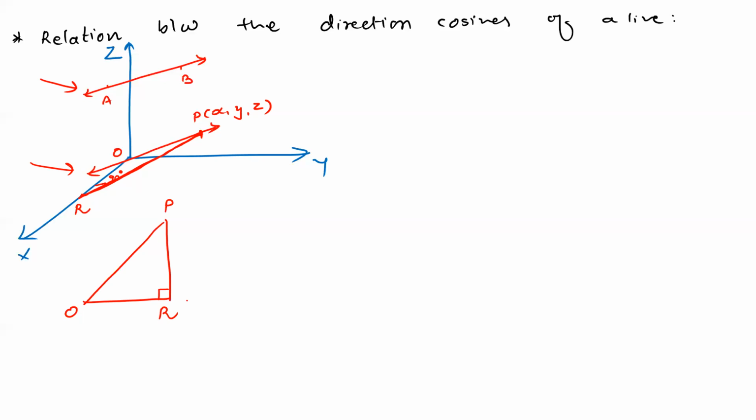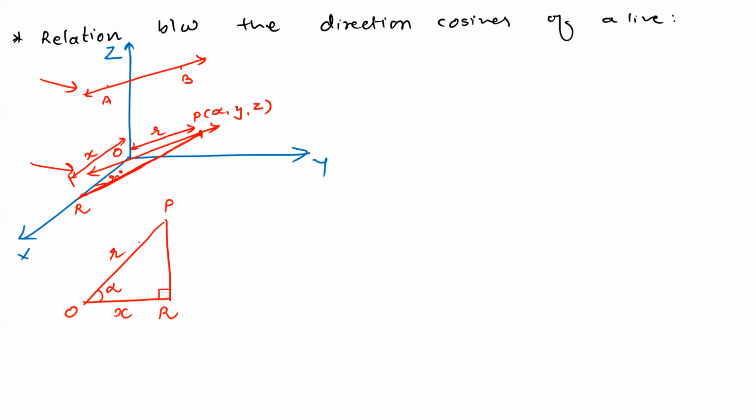And what is your angle alpha? As you know, OP makes alpha with the x-axis. This distance from here to the origin is along your x-axis, and from the origin to P is R. OP vector is R, so this is R, right?